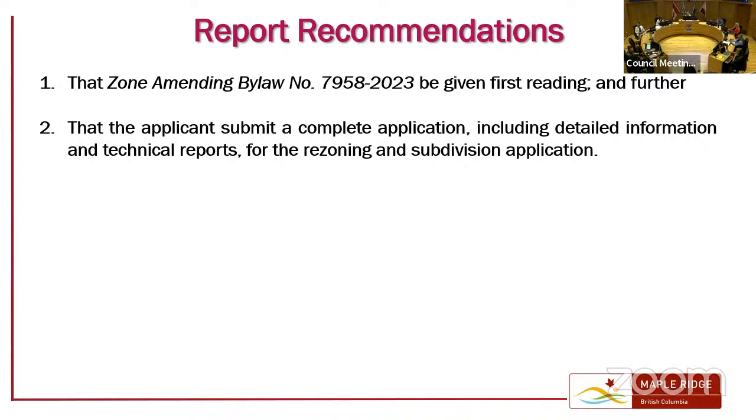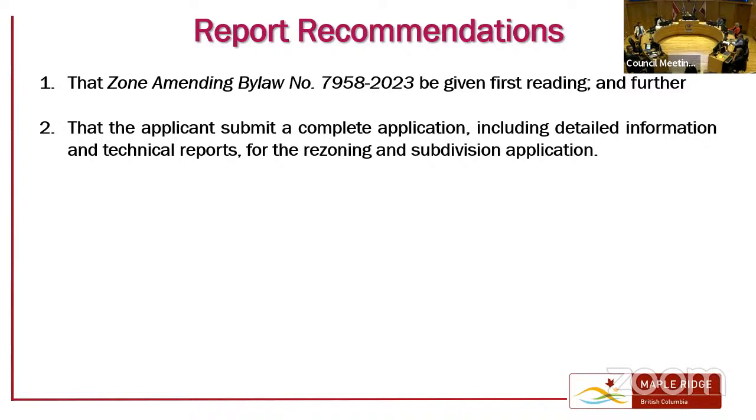So the R4 lots are relatively smaller. The minimum lot area for RS1 is 668 square meters, while R4 is 450 square meters. The lot width is also smaller, a lot width of 12 meters, whereas I do believe RS1 is 18 meters. However, there is a policy in our official community plan that supports infill development, basically allowing that, if the lots are like 80% the size of the adjacent properties, we can support the rezoning.